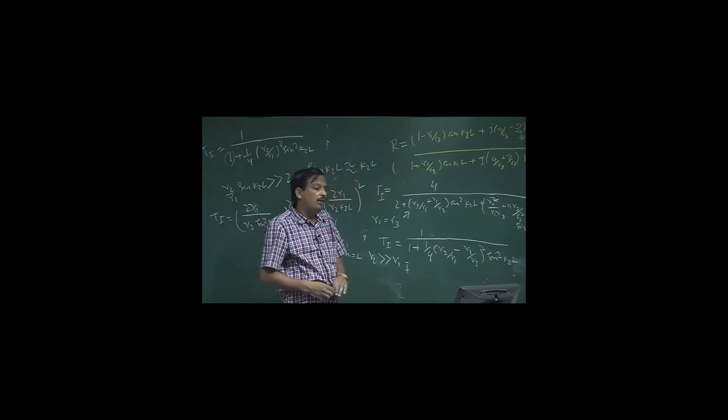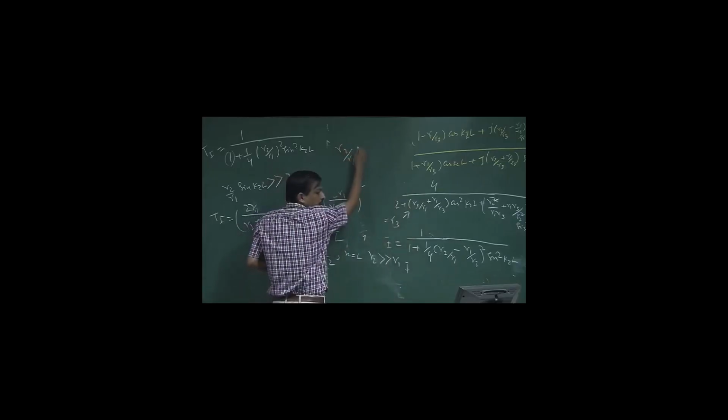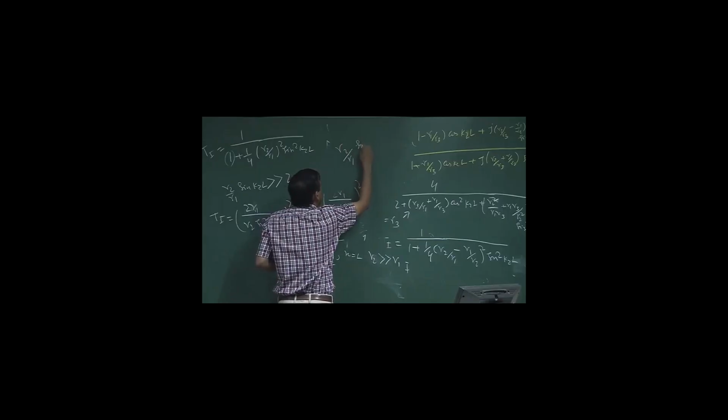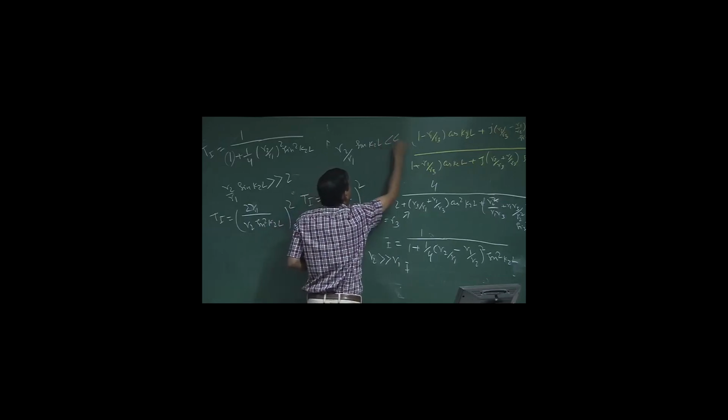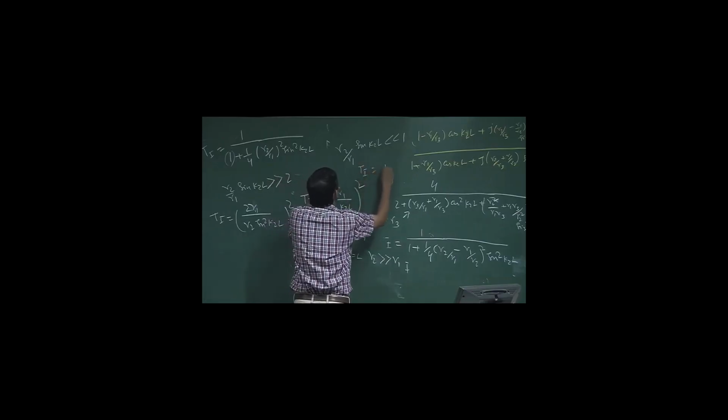Okay. For a thin plate or low frequency, there is another condition: if R2 by R1 into sin K2L is much less than 1, then Ti will be 1.